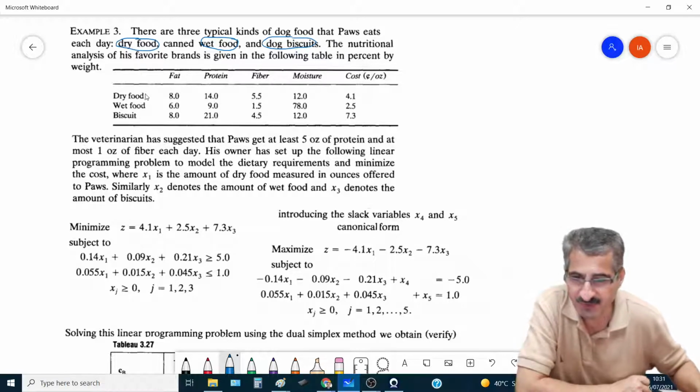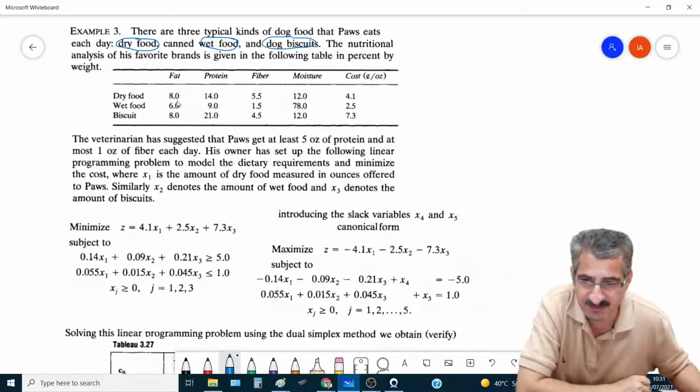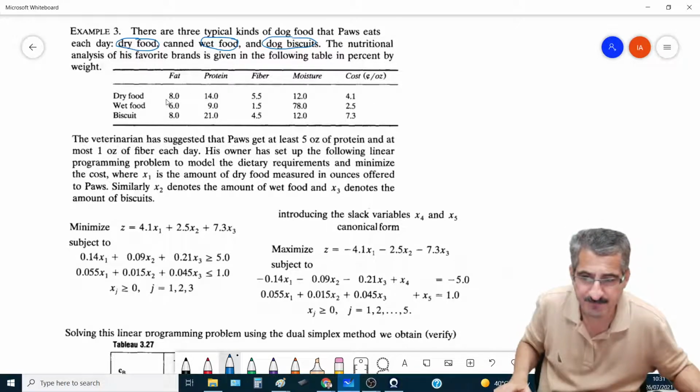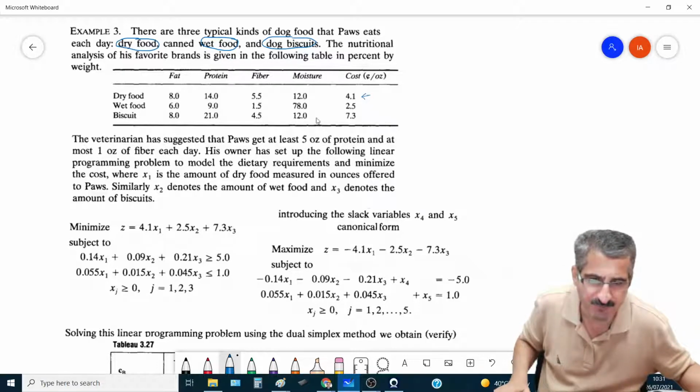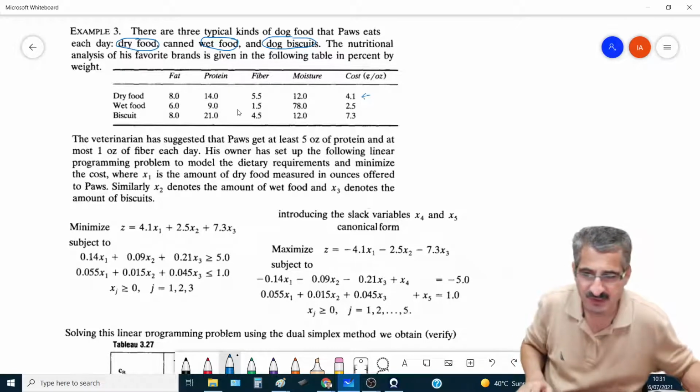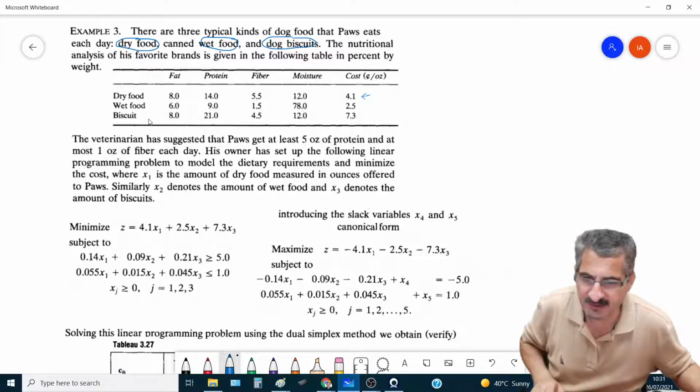Okay, so dry food will give fat 8.0, 14 for protein, 5.5 fiber, 12 for moisture, and it costs 4.1 cents per ounce. And these are data for wet food and biscuits.